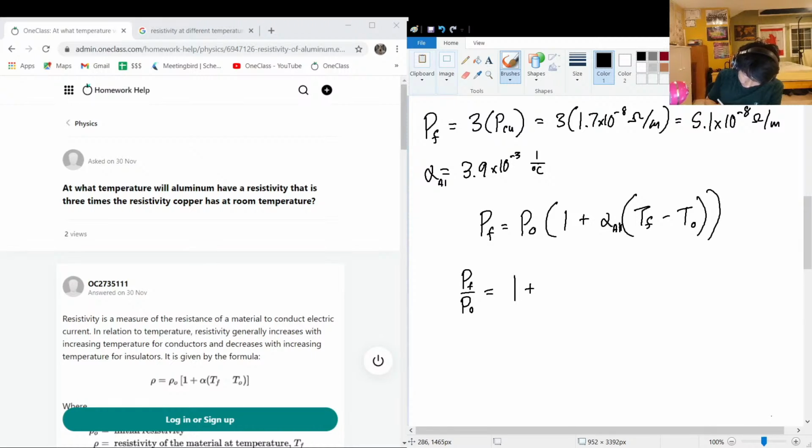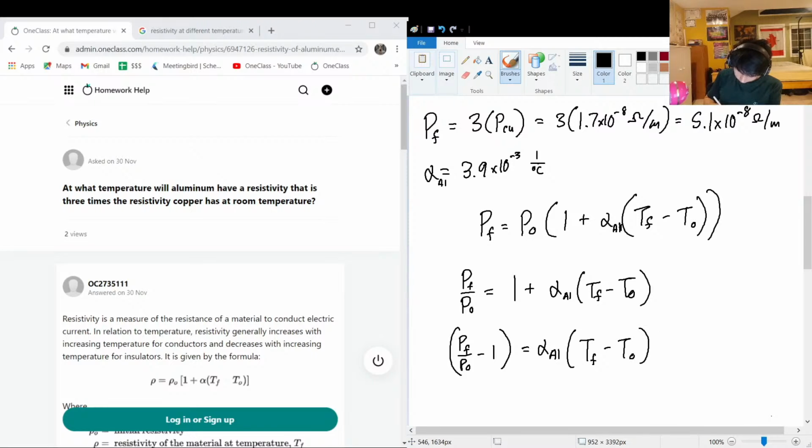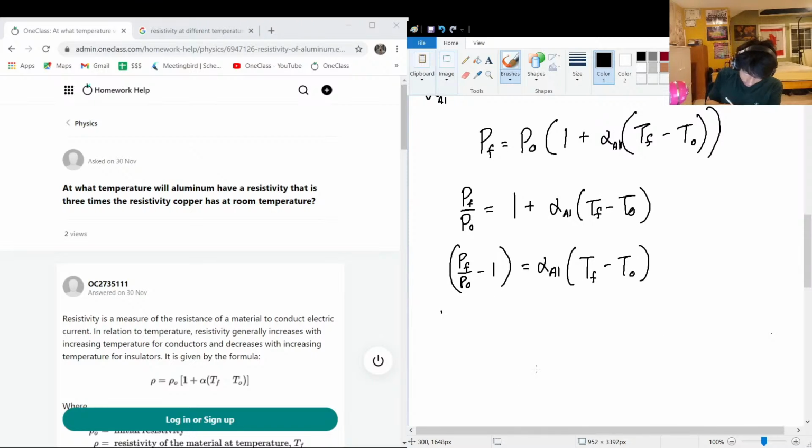This is equal to 1 plus alpha of aluminum times TF minus T naught. Then we subtract 1, giving PF over P naught minus 1, and that's equal to alpha of aluminum multiplied by TF minus T naught. Then we divide by alpha of aluminum, so 1 over alpha of aluminum multiplied by PF over P naught minus 1 will be TF minus T naught.